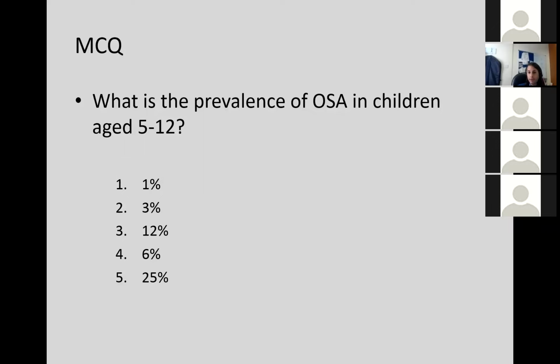And if you define it as that, more than 25% of children aged 5 to 12 we define as having OSA. I don't think that's right, actually. I think we should use a cutoff of 5%. And in 5 to 12-year-olds, it's more like 1% of children. Lower than that, it is, so younger children have a higher prevalence as well.